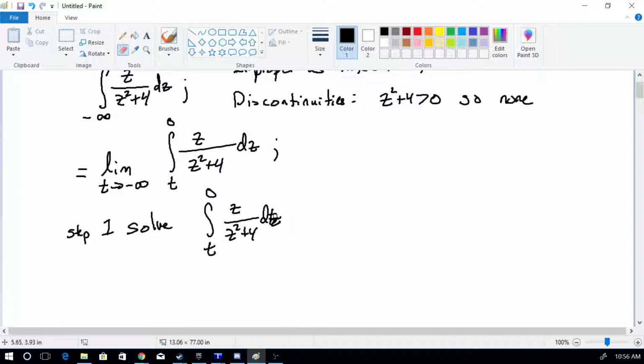This is disgusting, let me rewrite it. Alright, now, z squared plus 4 is not, let me make sure I'm doing the right problem here. Yep. Sorry, that's why. I was like, this is a different problem.